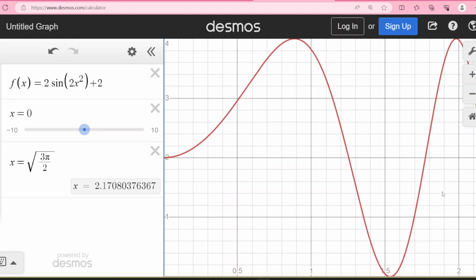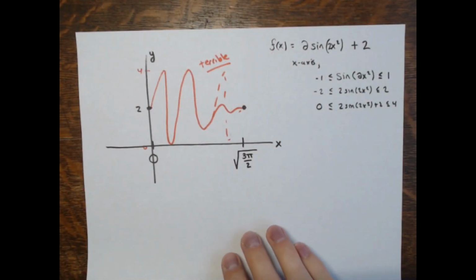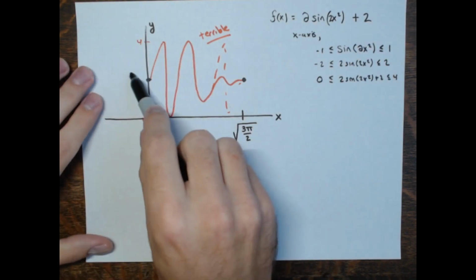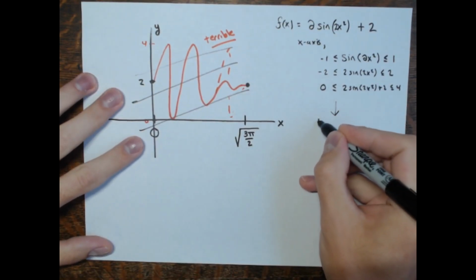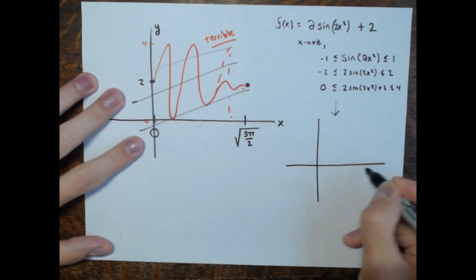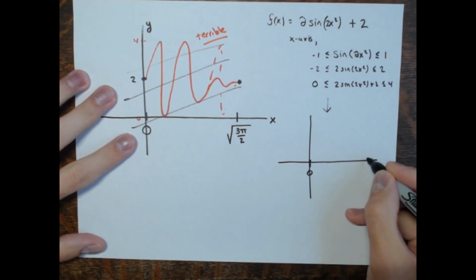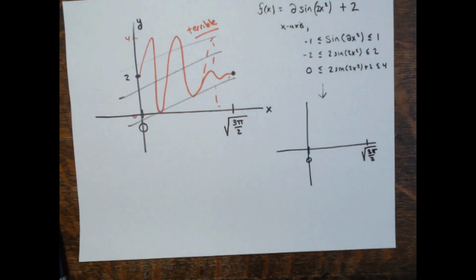All right. So I'll draw this on my paper, right? So back on the paper. Let's draw that again down here. All right, so let's draw a better picture down here. So from 0 to the square root of 3 pi over 2, we had something like this, right?